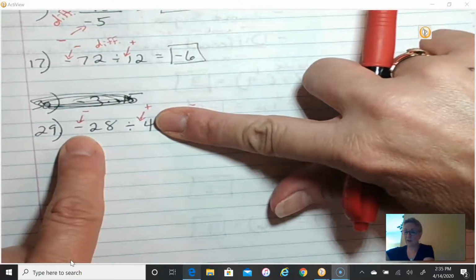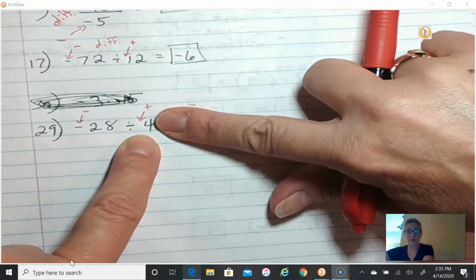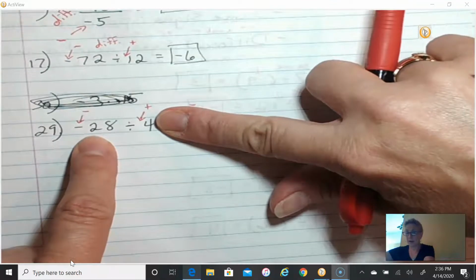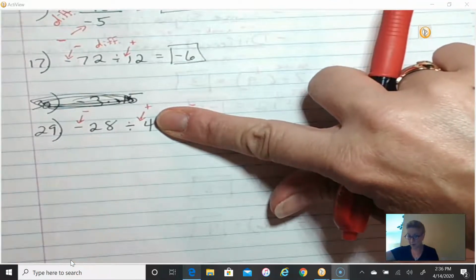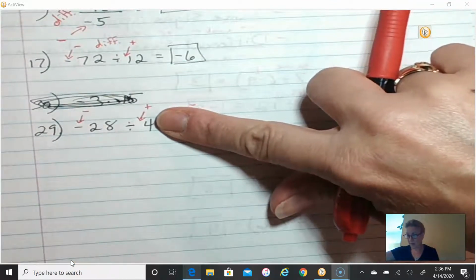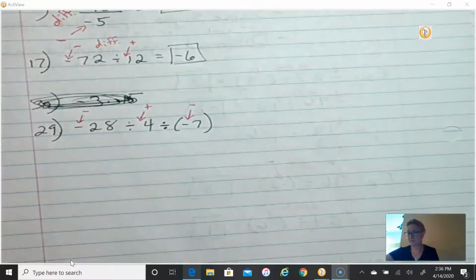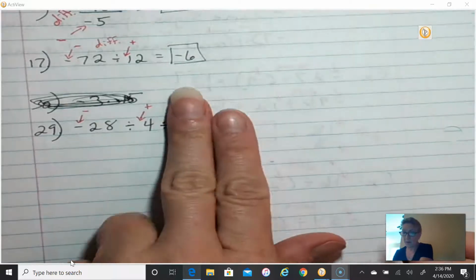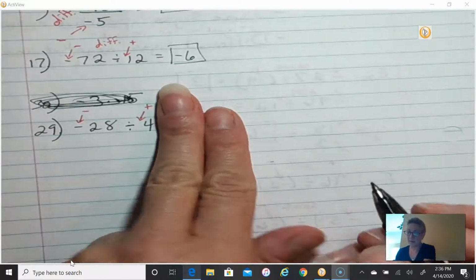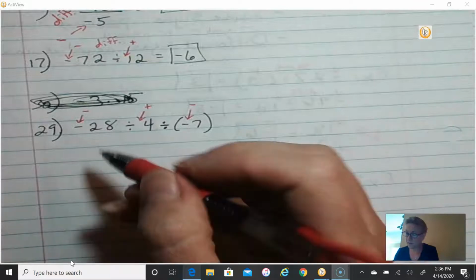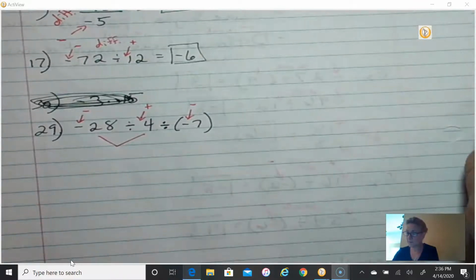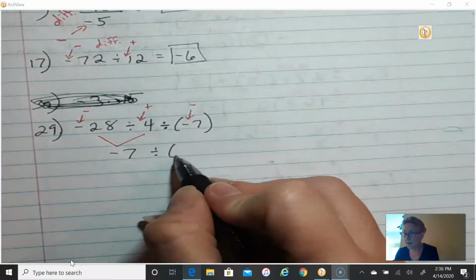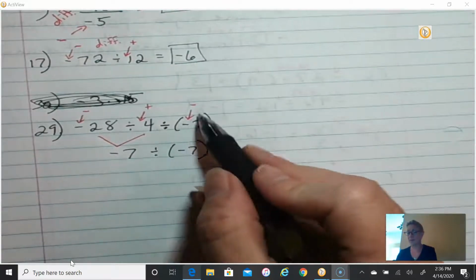We have a negative divided by a positive. So this answer right here is going to be negative. So negative 28 divided by positive 4 is negative 7. Divided by, and I'm bringing the rest of my problem down.